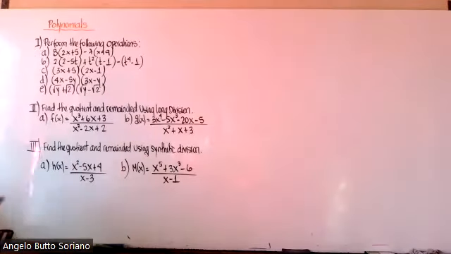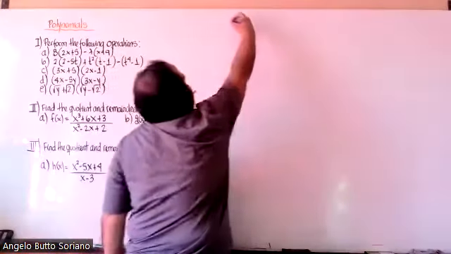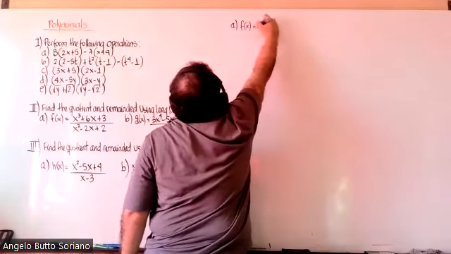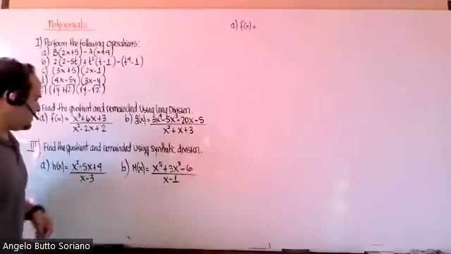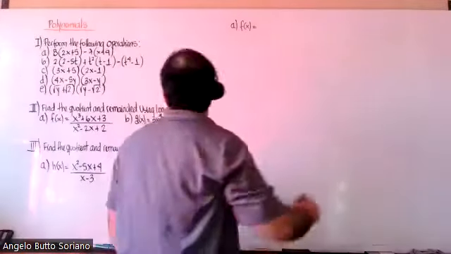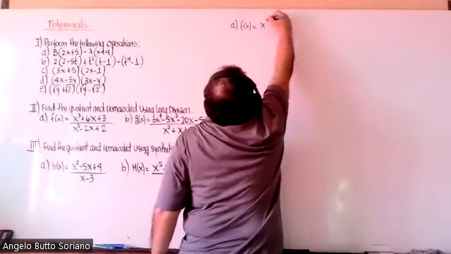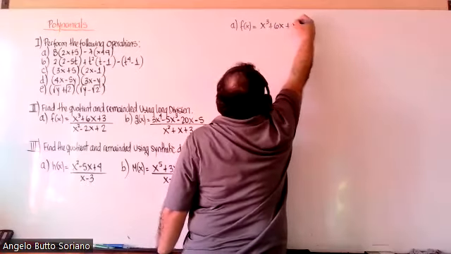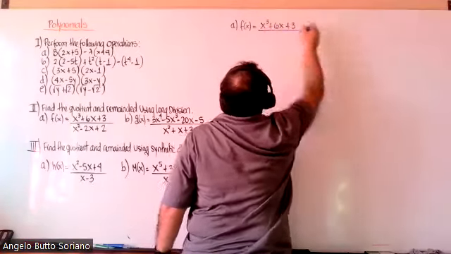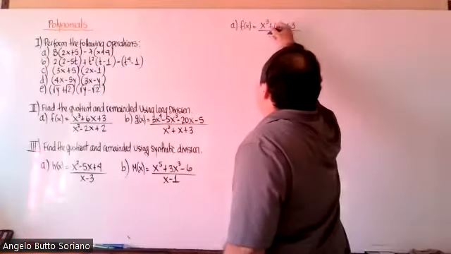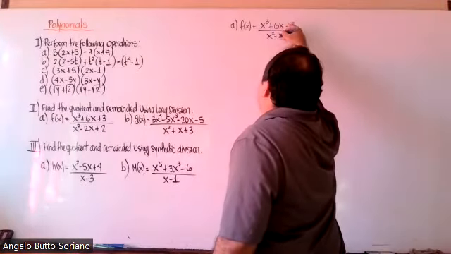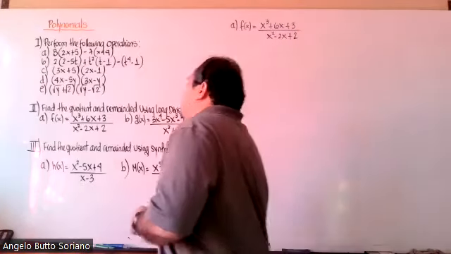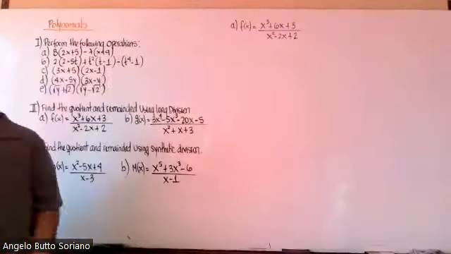For example, in the first part, letter A, we have the polynomial f of x equals x cubed plus 6x plus 3 over x squared minus 2x plus 2. Let's check the numerator and denominator.